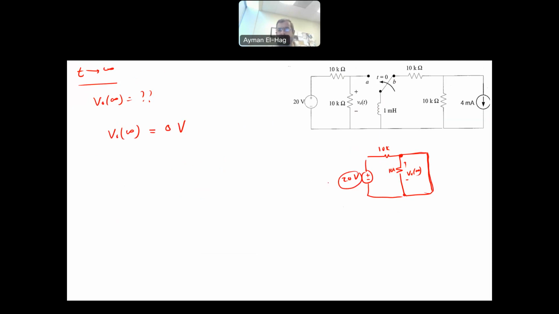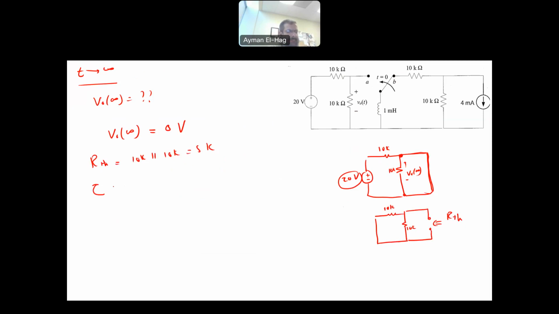The last thing is your time constant, so you find R Thevenin. The R Thevenin is between the two terminals of the inductor. This is 10 kilo. We don't have any dependent sources here, so we just short circuit the voltage source. It's obvious that your R Thevenin is 10 kilo in parallel with 10 kilo, which is equal to 5 kilo.